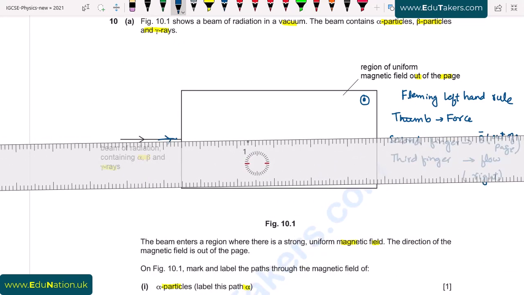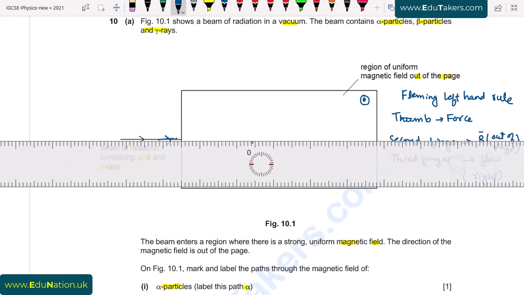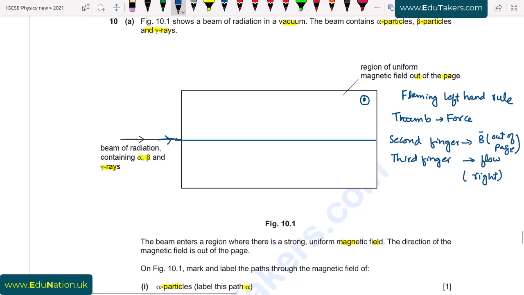So first of all, I draw this ray, that is the central ray, the path of incoming ray. Now the alpha particle will be deflected in downward direction. So this is for alpha particles. Second, if I consider beta, we know that beta particles are negatively charged.